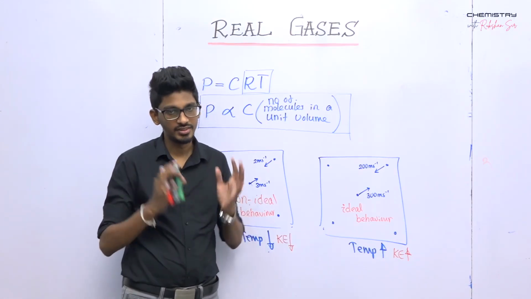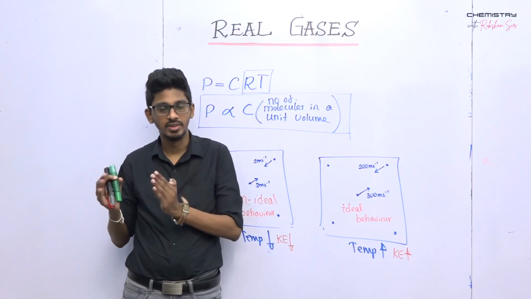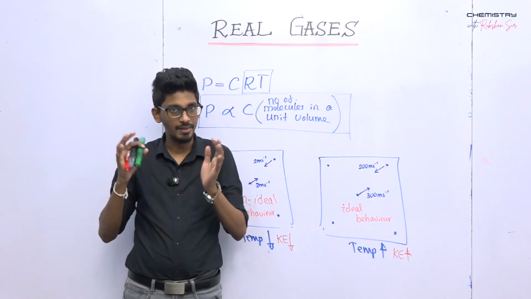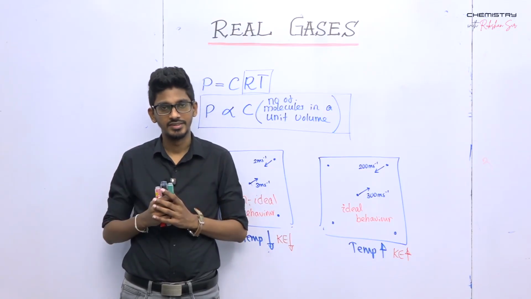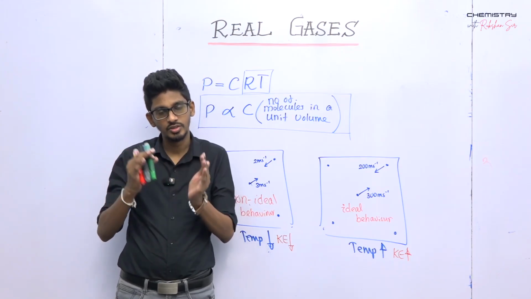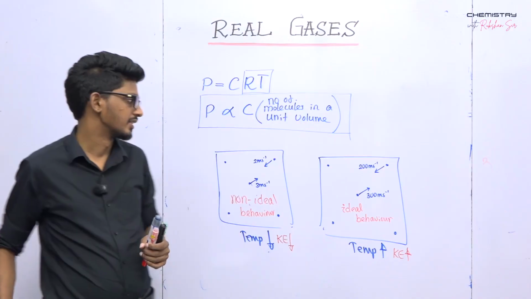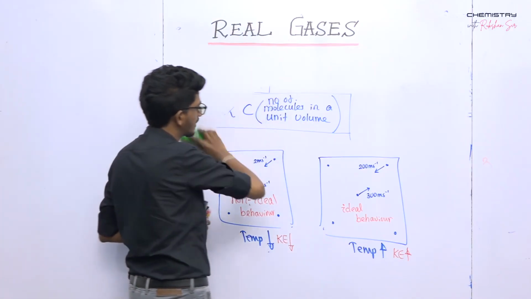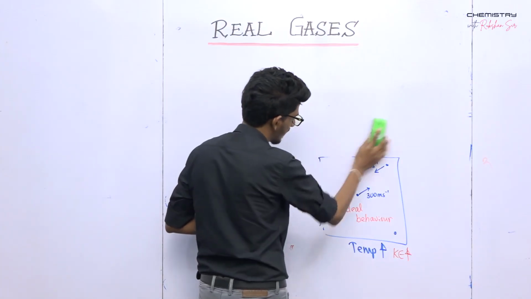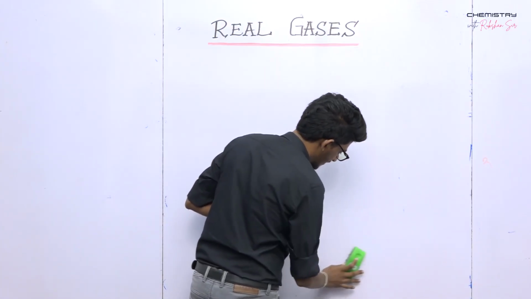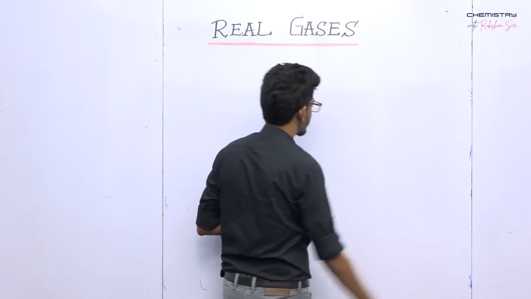After this, now we are going to discuss some amendments we can think of to do to the ideal gas law for the real gases. Let's discuss that. As we know the real gases are not following PV = nRT, we have to think of some new equation of state for real gases.